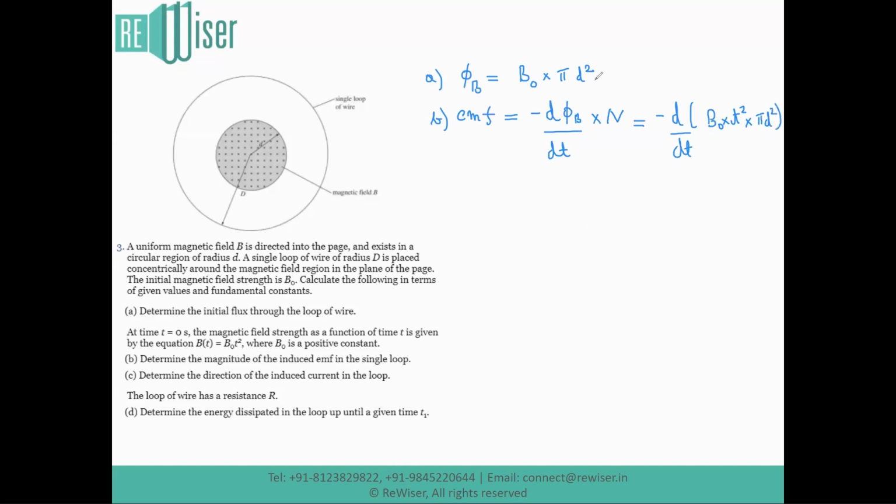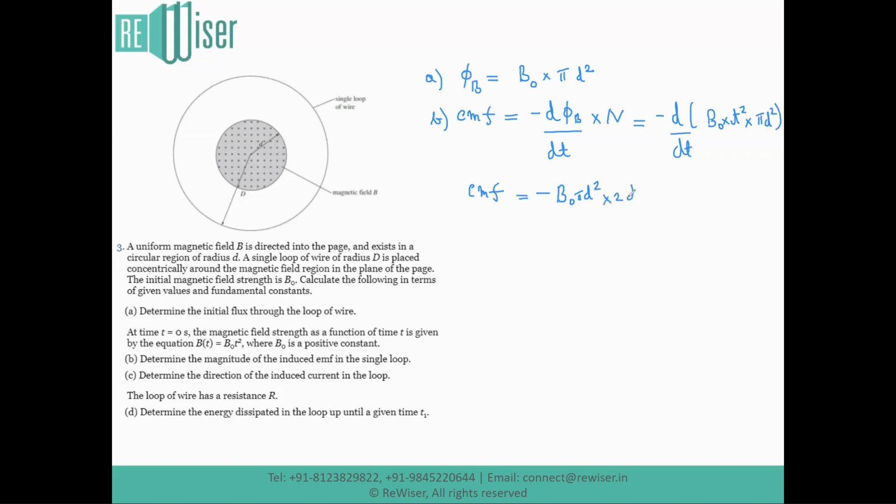And simplified further, we get the EMF to be exactly equal to negative B naught, which is a constant and comes outside. So negative B naught into pi d square into the differential of t square.